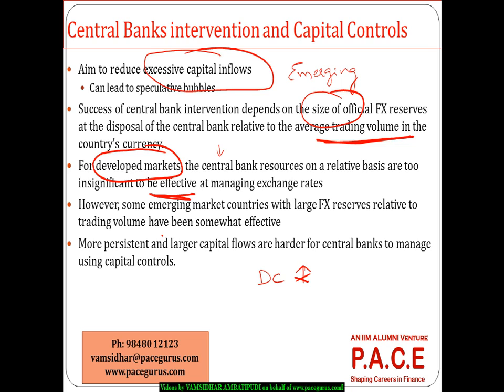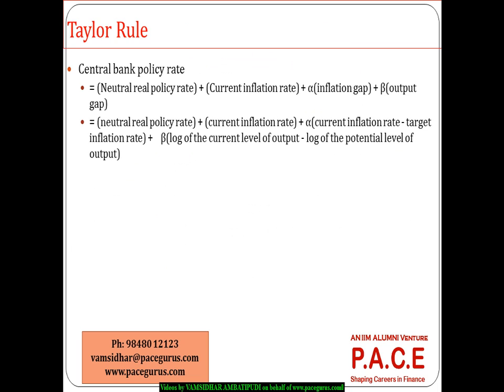So that's the thing. And probably the simple way they calculate their policy rate goes as per the Taylor rule, where we are talking about the risk-free rate, the neutral real policy rate, plus inflation, which gives me my nominal rate. And this is where the inflation gap versus the output gap comes in.